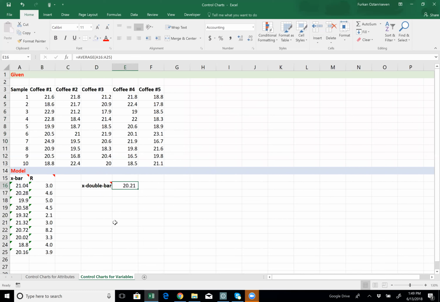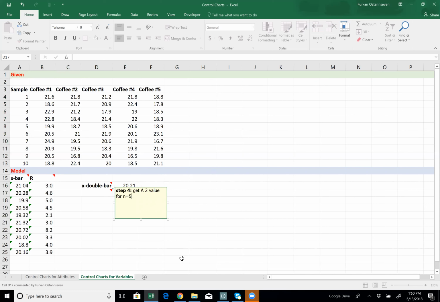Now step number 4: you need to get the A2 value. In this case, the sample size is equal to 5, because I have 5 copies in each sample. That's why I will look at n equals 5. You can look at your textbook, or online sources.